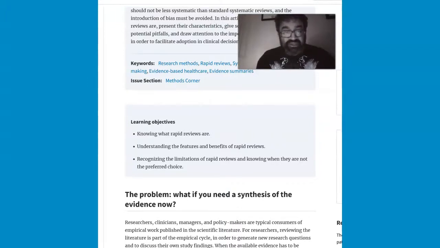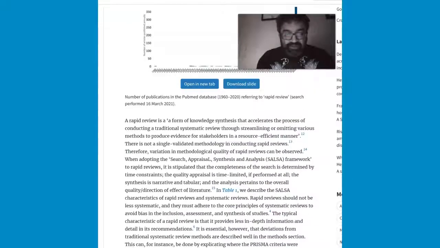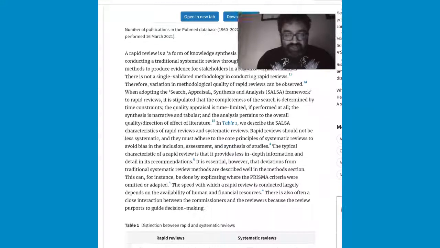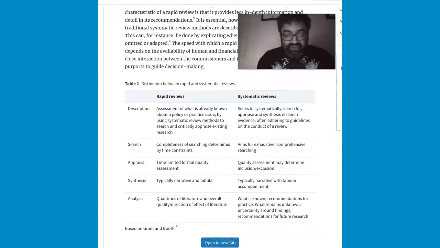And I think these are really essential to be thinking about. Obviously, they have risen in popularity, and I'm going to show you an example of a place where they're accepting rapid reviews. But again, this Salsa technique is introduced here as well, based on the Grant and Booth article that I just showed you. But this one's a little cleaner to be looking at.